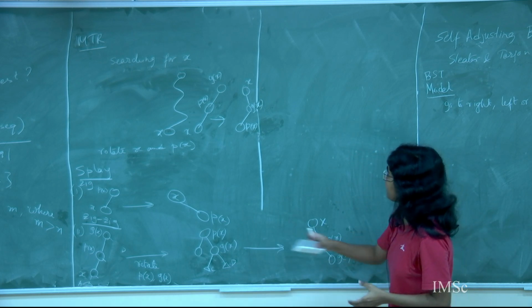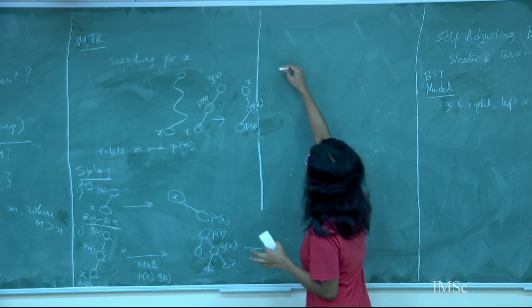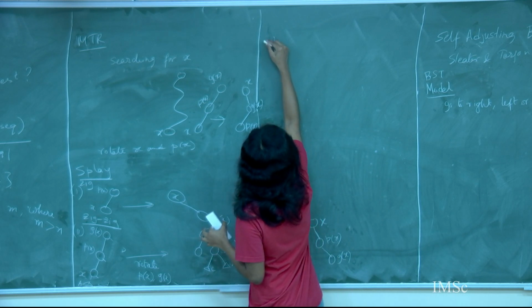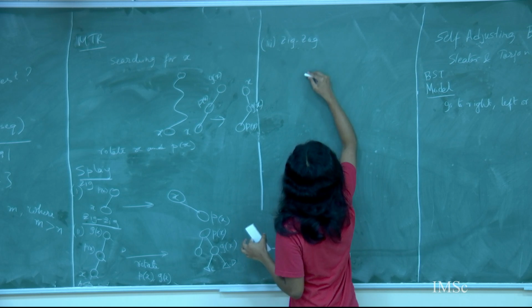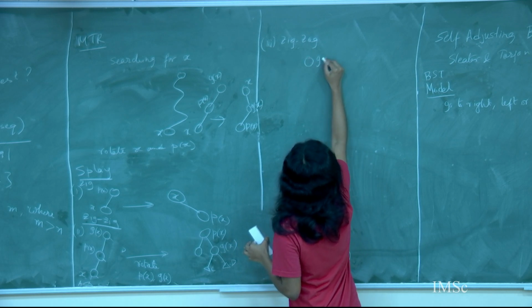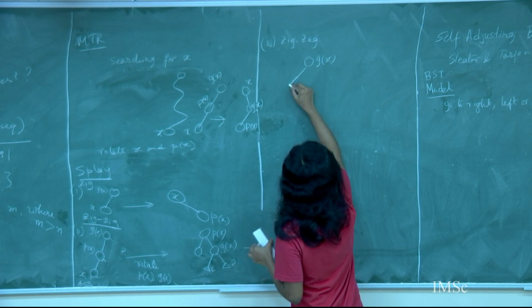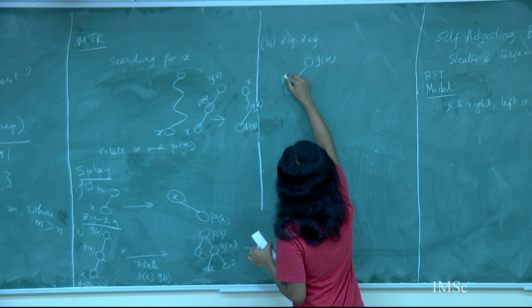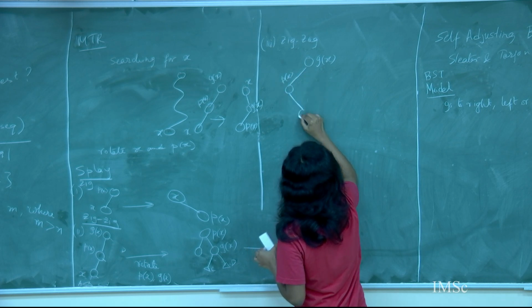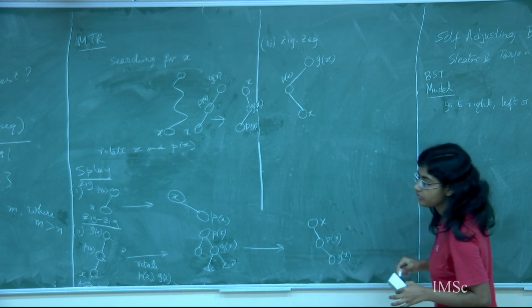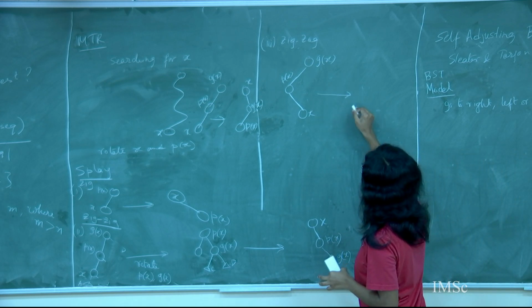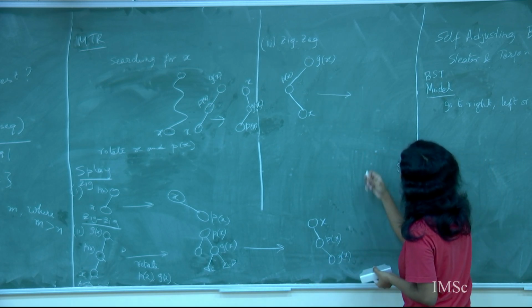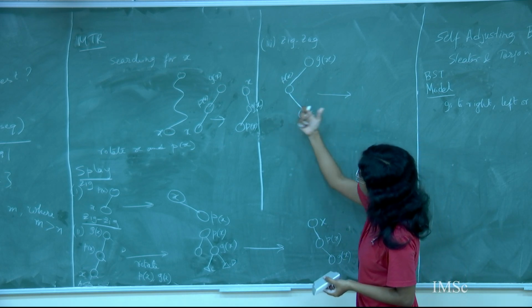So this is the zig zig case, and the third case is the zig zag case. Zig zag means we have g of x, then p of x, and then x here. It is similar to this case.